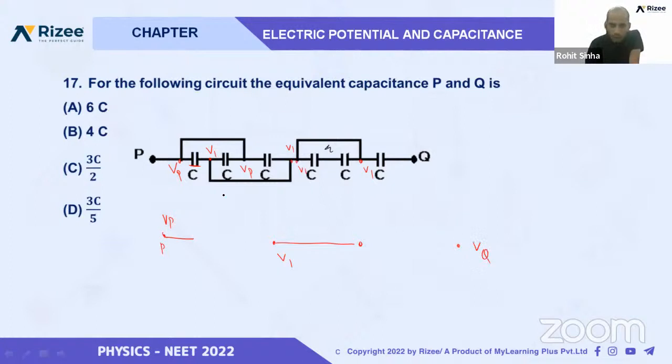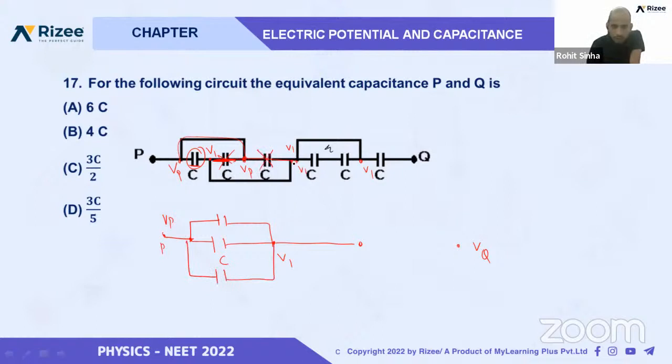Now between Vp and V1 there is one capacitor. Again between Vp and V1, again one capacitor. Now Vp and here V1, see this also, one more in parallel.